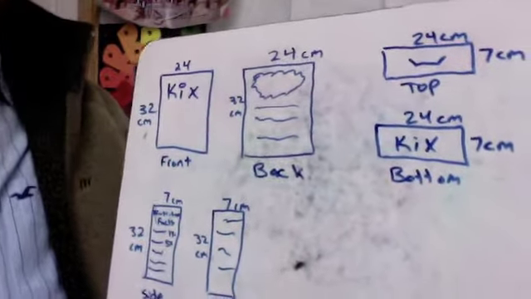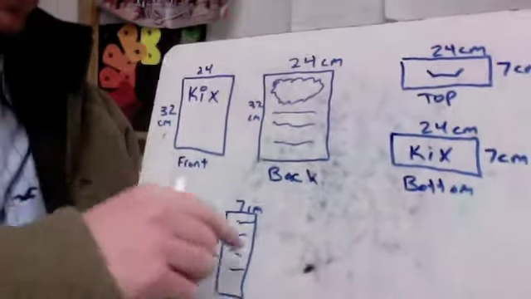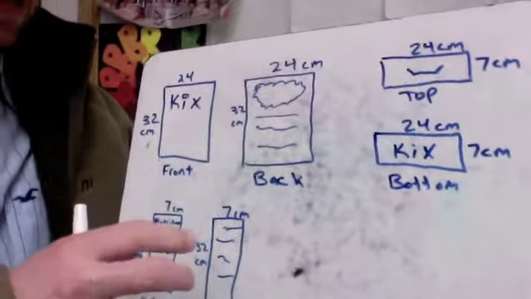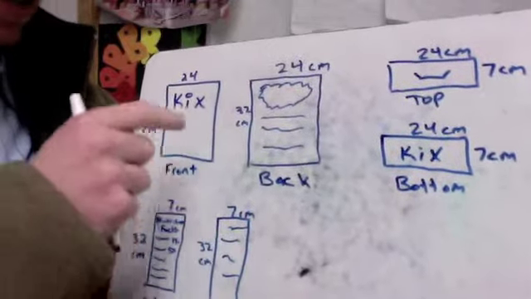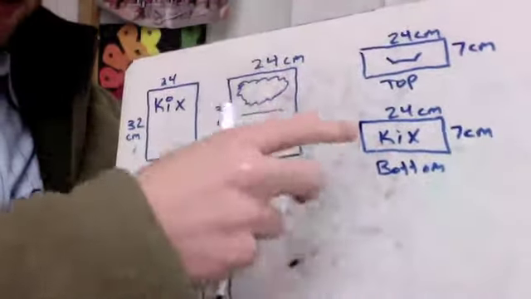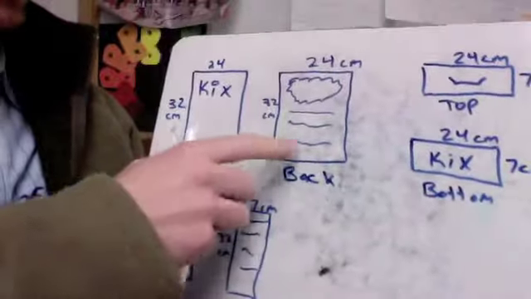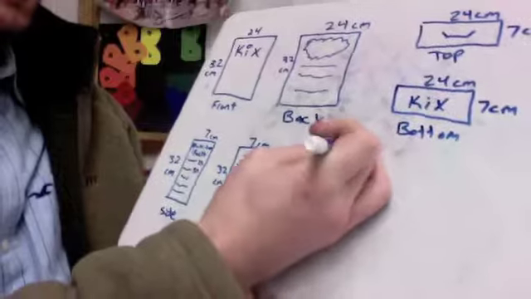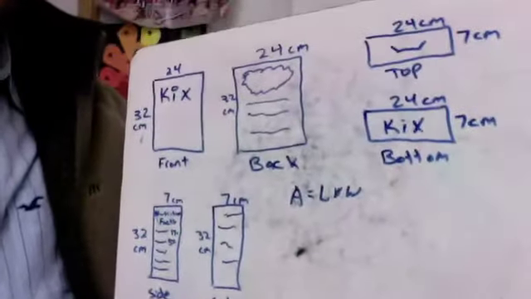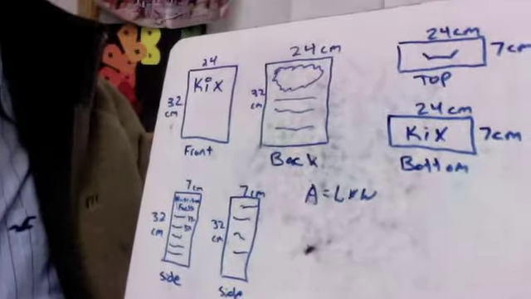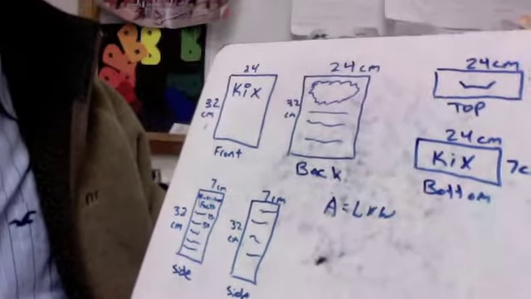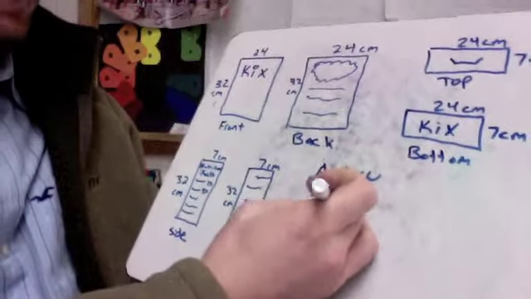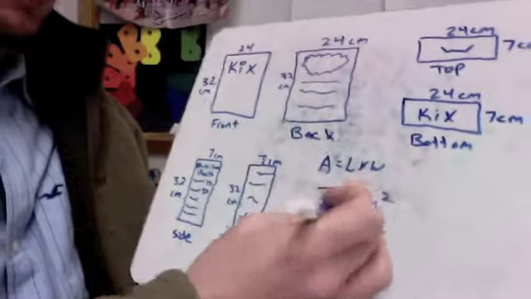I'm going to find the area of each one of these surfaces, because if you take apart the box, you have 2-dimensional shapes. You've got a rectangle, a rectangle, rectangle, rectangle. You've got 6 rectangles. I'm going to start with the front and the back. To find the area of a rectangle, it's just length times width. So I'm going to do 24 times 32, and I'm going to have an area of 768 square centimeters.